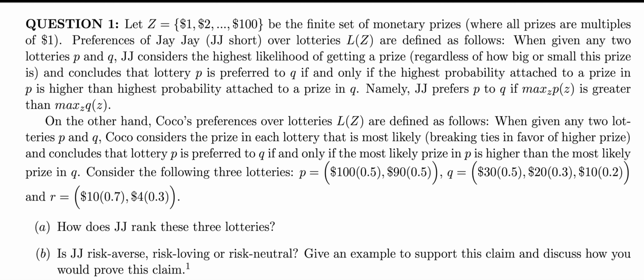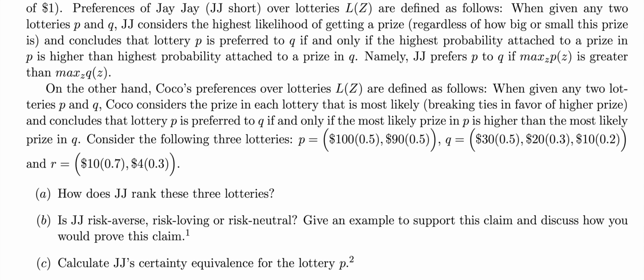So the highest likelihood of getting some prize, and concludes that lottery P is preferred to lottery Q if and only if the highest probability attached to a prize in P is higher than the highest probability attached to a prize in Q.